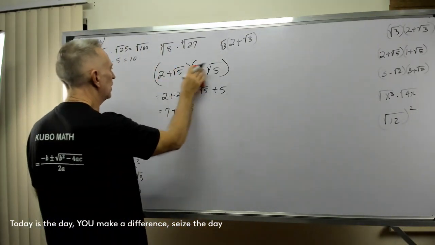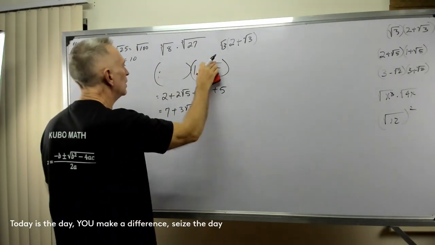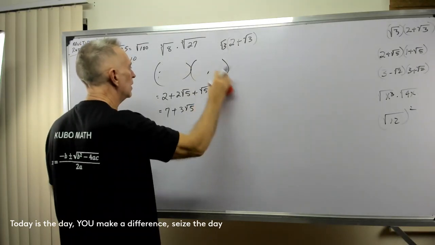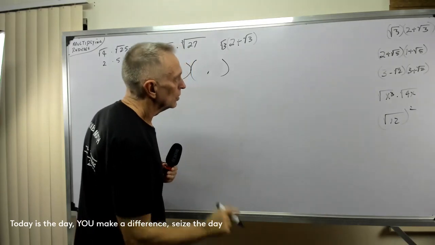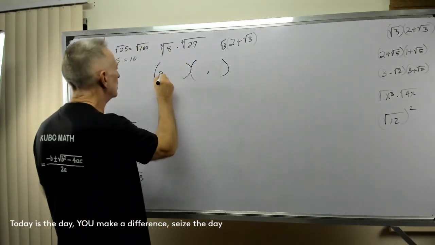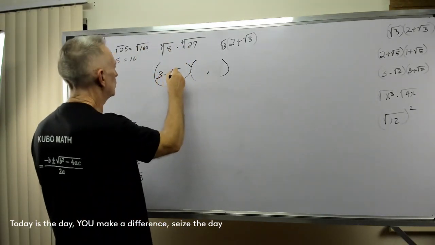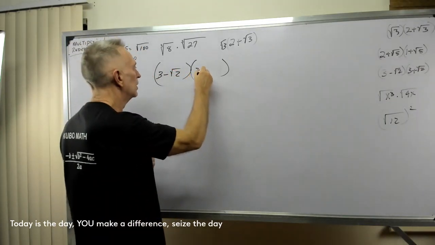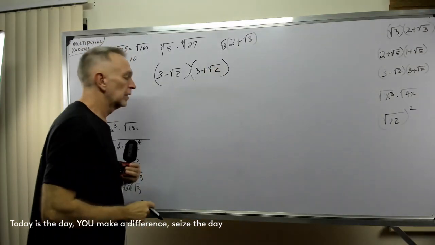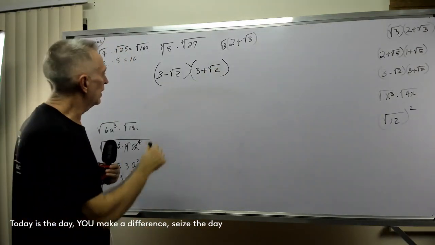Along those same lines, we have one that is 3 minus square root 2 and 3 plus square root 2. We'll do the FOIL method again.